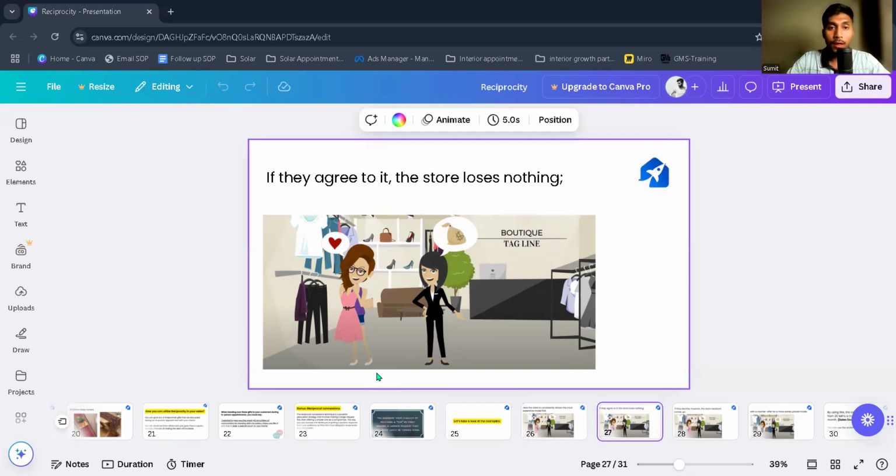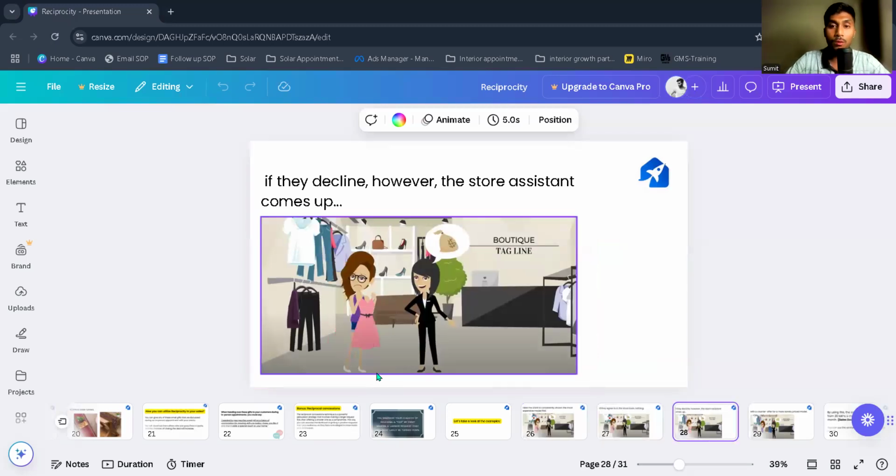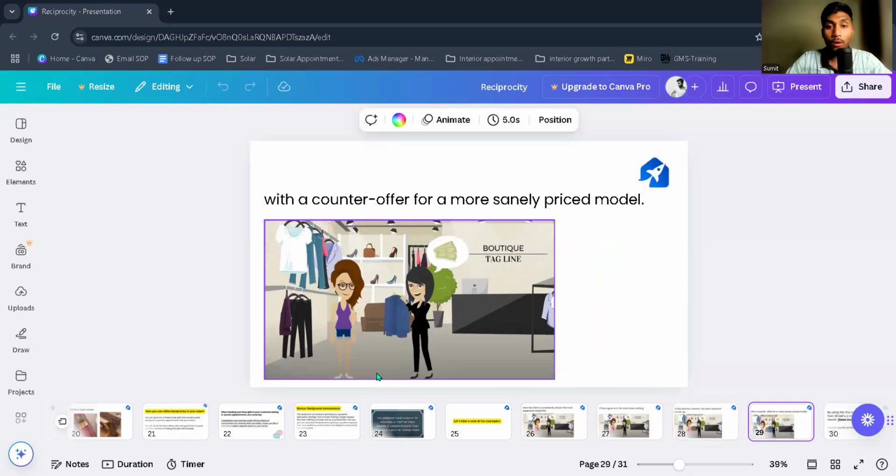And if they agree to it, the store loses nothing. अगर क्लाइंट ने अग्री कर दिया, अगर उन्होंने ये ड्रेस परचेज कर लिया, द मोस्ट एक्सपेंसिव ड्रेस इन स्टोर, तो कंपनी को या स्टोर को कोई भी लॉस नहीं होने वाला है, राइट? इफ द डिक्लाइन हाउएवर द स्टोर असिस्टेंट कम्स अप, अगर उन्होंने डिक्लाइन कर दिया क्योंकि उनको पता है ये माइट भी डिक्लाइन होने वाला है, द चांसेस आर 80% क्योंकि ये बहुत हाई प्राइस्ड है, ओके, एंड द असिस्टेंट कम्स अप रियली क्विक with a counter offer for a more sanely priced model.